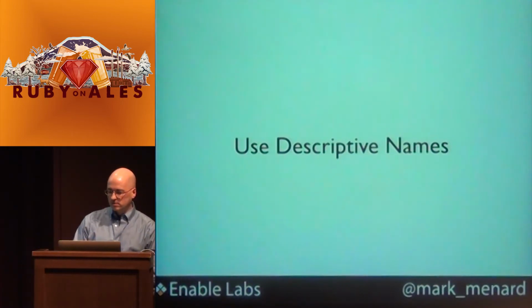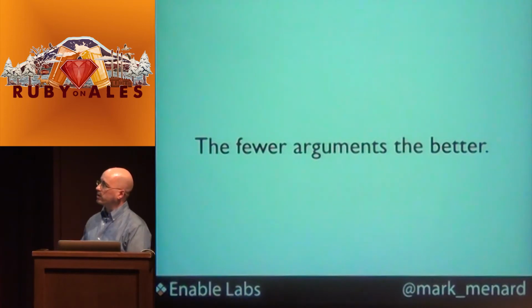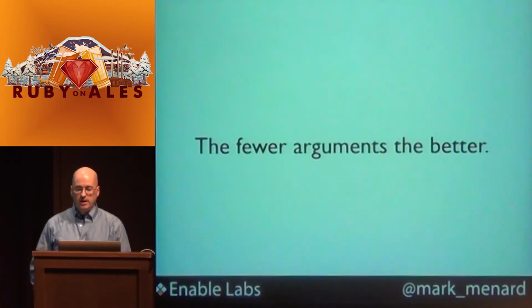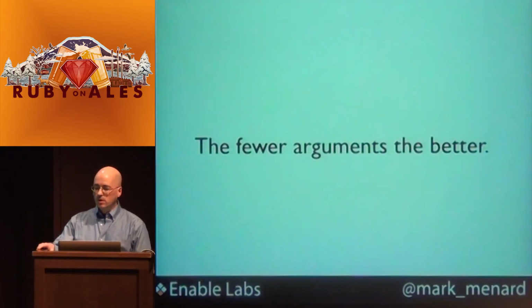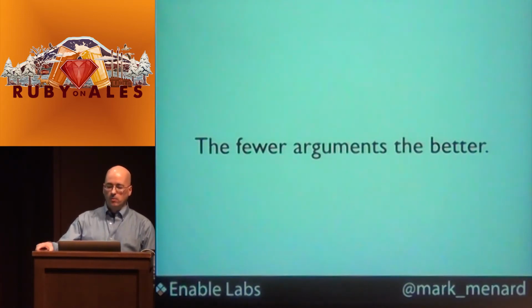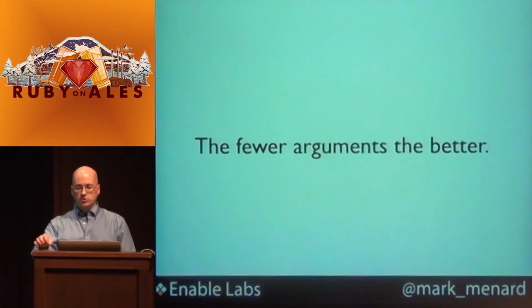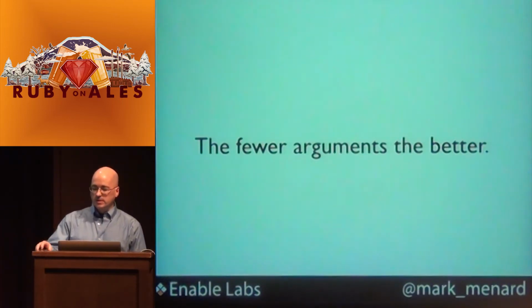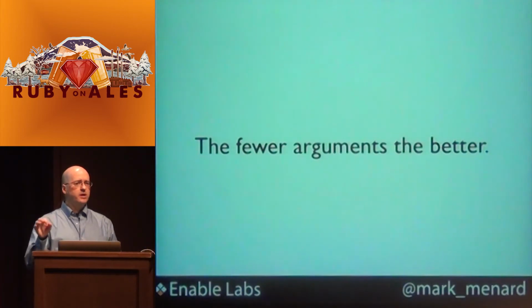Name your methods well. And the fewer arguments, the better. My goal is 0 arguments as much as possible. I can tolerate 1, but once I'm at 2 or more, I'm looking for a missed abstraction that can be extracted. A class that has a method that takes a lot of arguments, it's hiding something. It's hiding an abstraction that's probably yearning to be free.